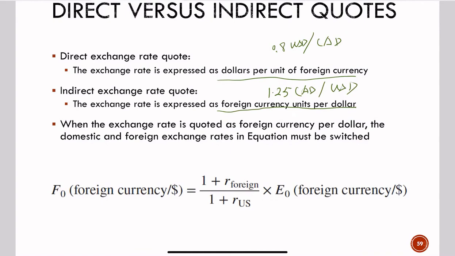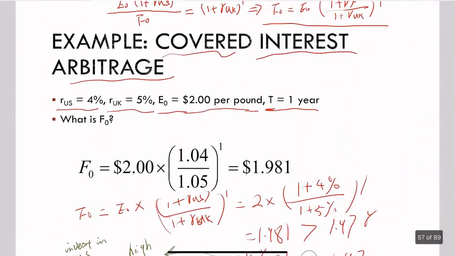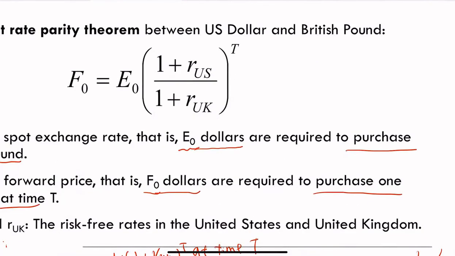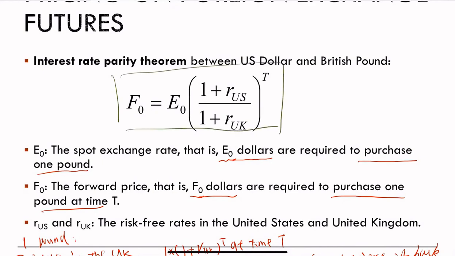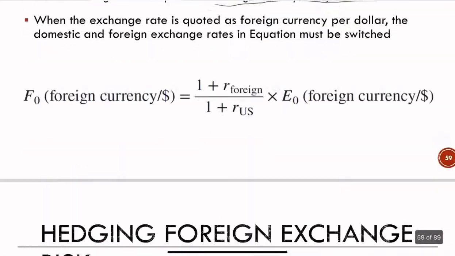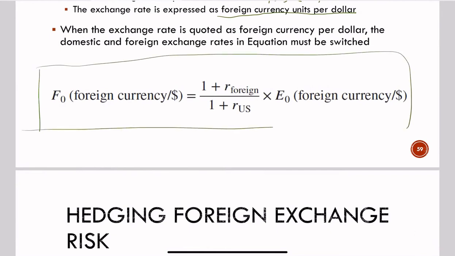When you have this indirect exchange rate quote, the interest rate parity theorem will have a different form. In the case of a direct quote, the interest rate parity theorem looks like this, and with an indirect quote, it will look like this.